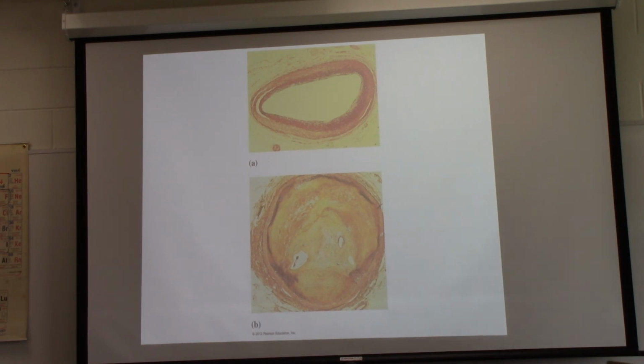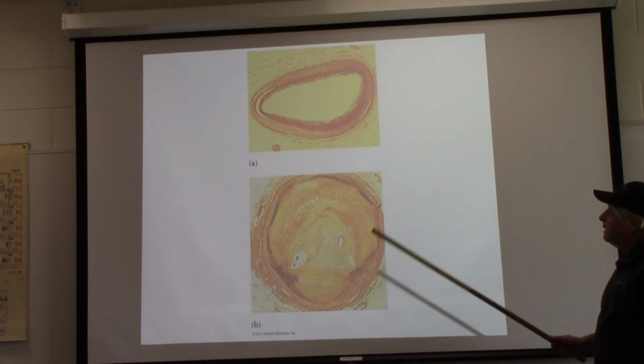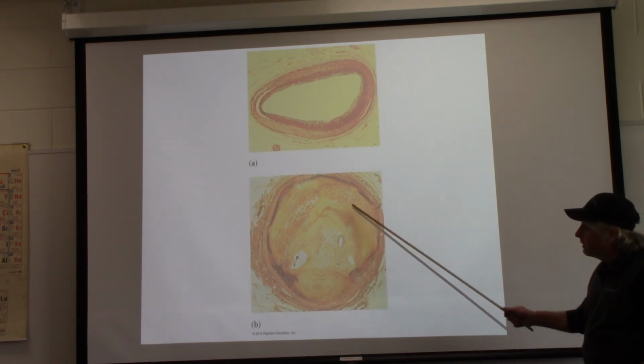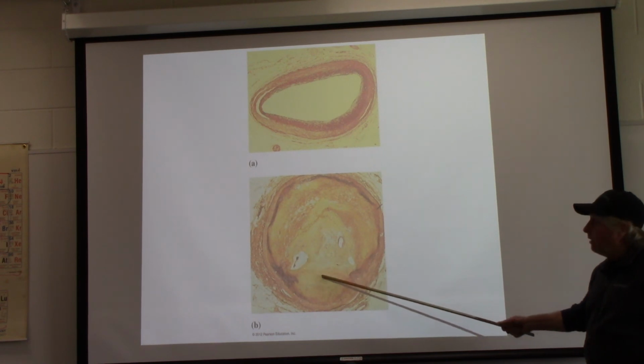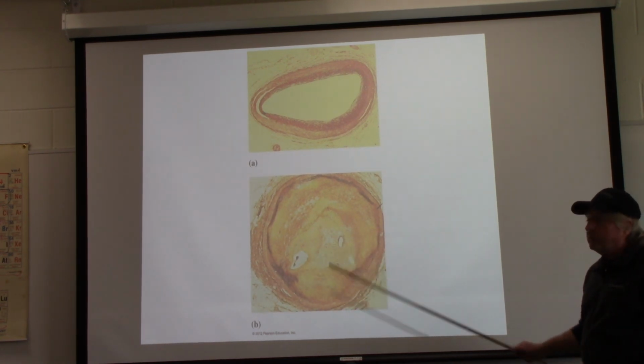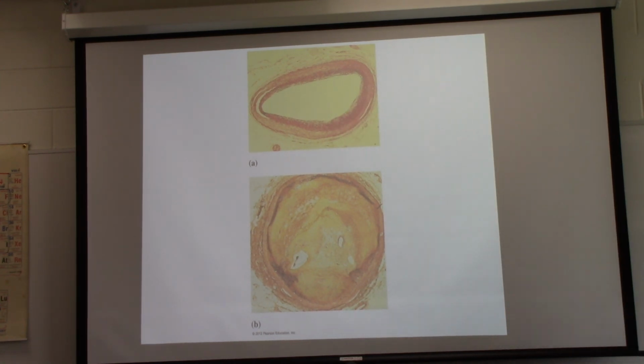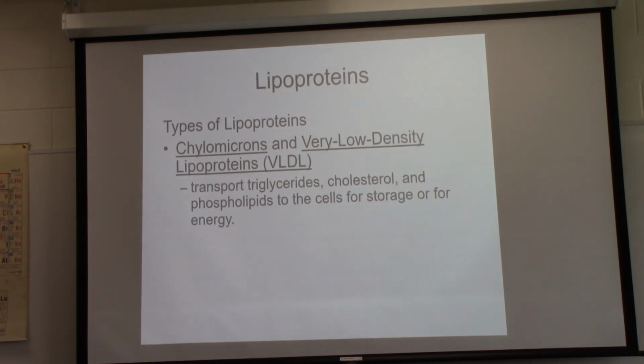If lipoproteins weren't available to take triglycerides, the triglycerides would all get clogged up, and then you could not get anything through your blood. What you want is a clean, clear vessel so that things can move around in your blood. So you do not want high levels of fat lipids moving around in your body. You have to have a way to do that. The way to do that is through lipoproteins.